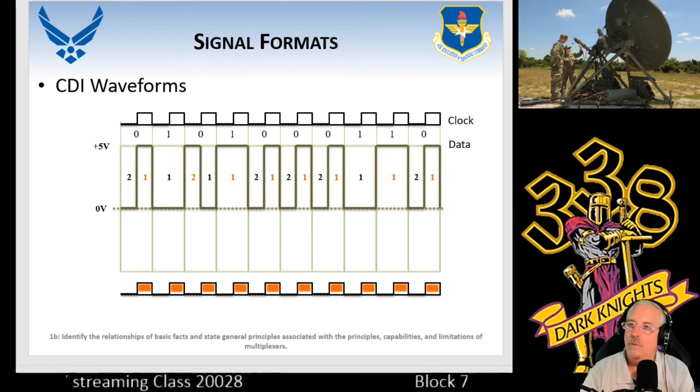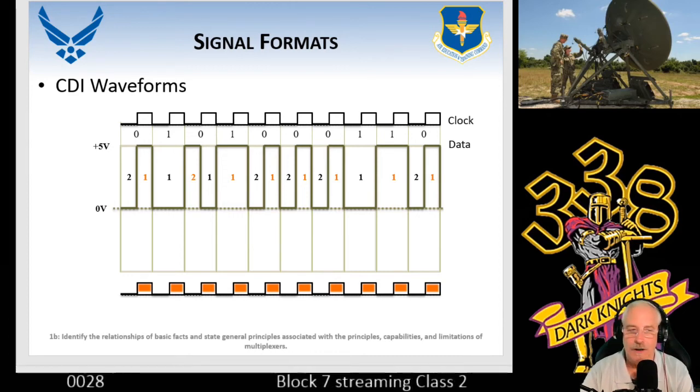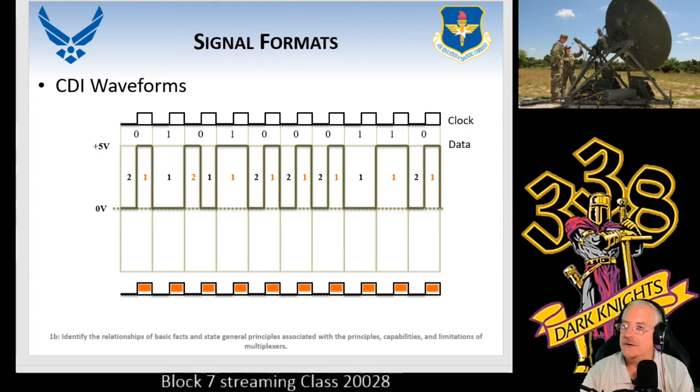With a data of 1, it can happen anywhere in that clock cycle. In our case, we're going to do it on the leading edge. And then when we get to another one, we're going to go down. So it doesn't rely on that +5 or 0 in order to switch. So this is the reason why it is self-clocking.